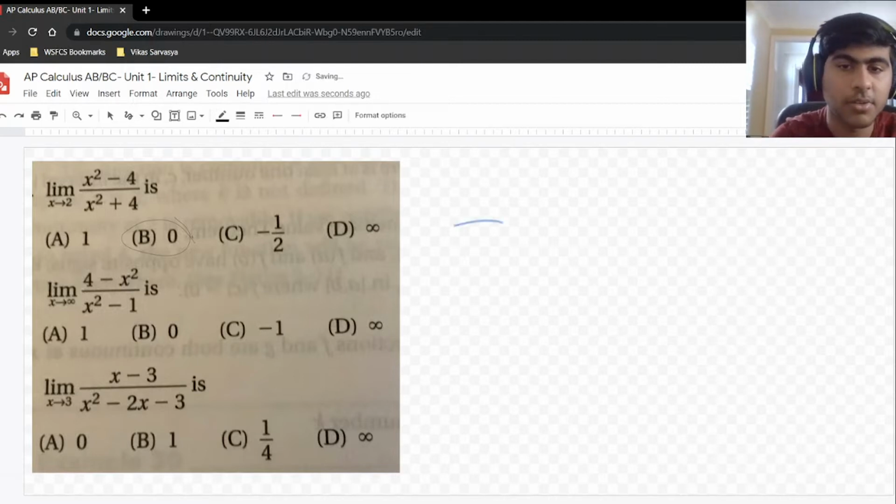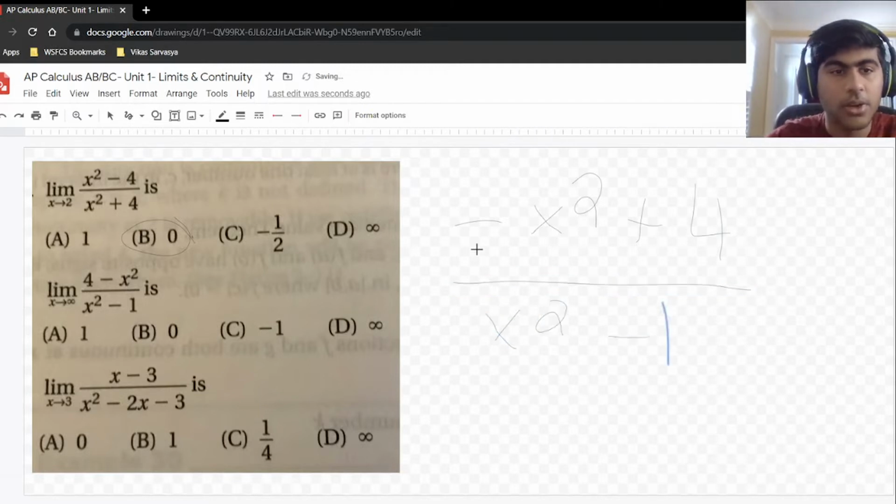of the highest degree power: negative x squared plus 4. And then on the denominator, we have x squared minus 1. Now imagine if we were to divide the numerator by x squared and the denominator by x squared. Now remember, we're doing the same thing to both the numerator and the denominator, so we're not changing anything, right?